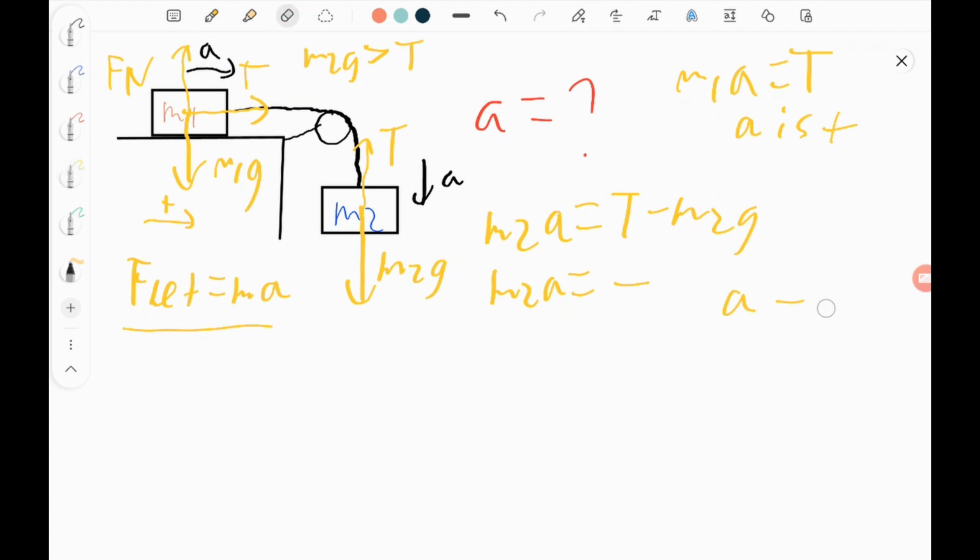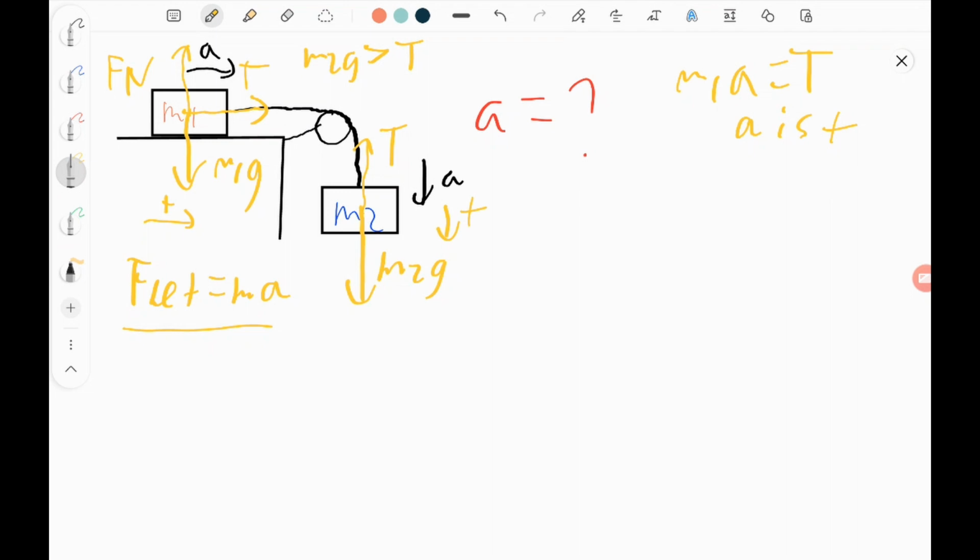There are two ways to fix this. What you want to do is set the positive direction of the acceleration to be in the direction that the object is accelerating in. So we know that block 2 accelerates downward, so we want to define our positive direction to actually be downward in order for our acceleration to be positive.